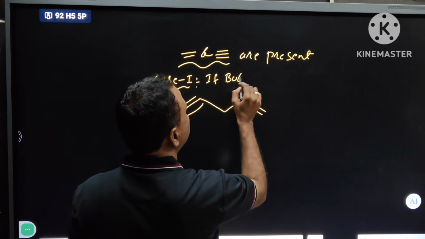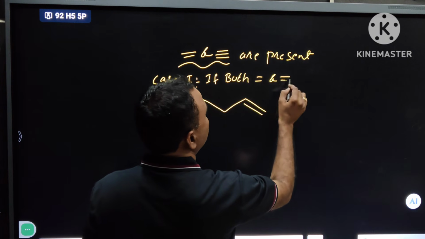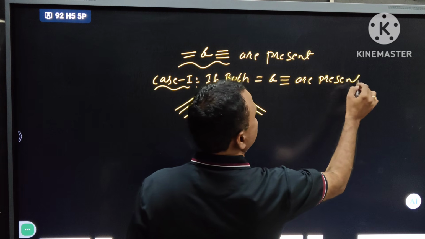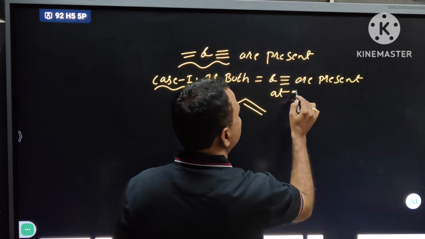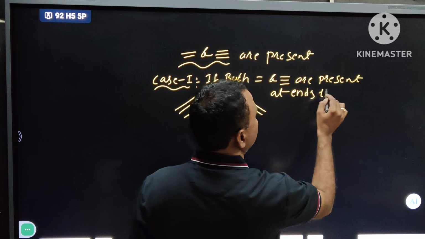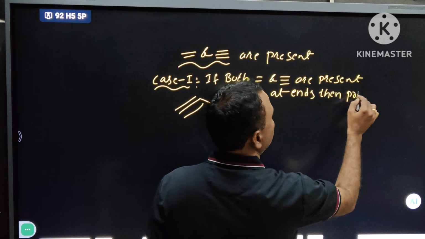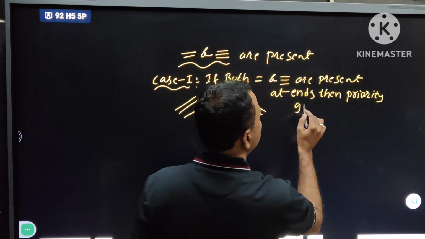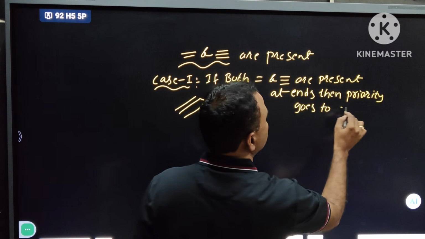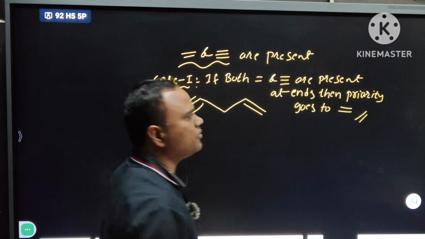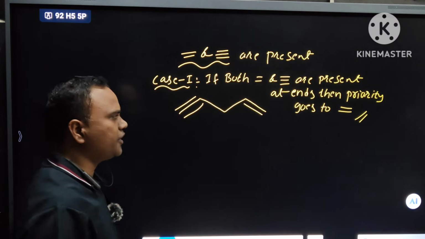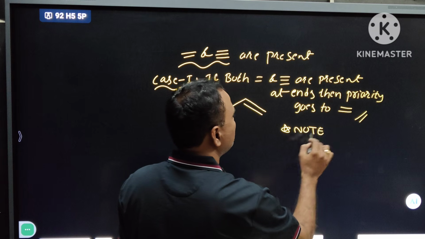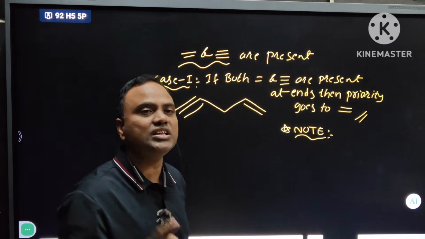If both double bond and triple bond are present at the ends, then priority goes to the double bond. And one very important point: the name always ends with ine.